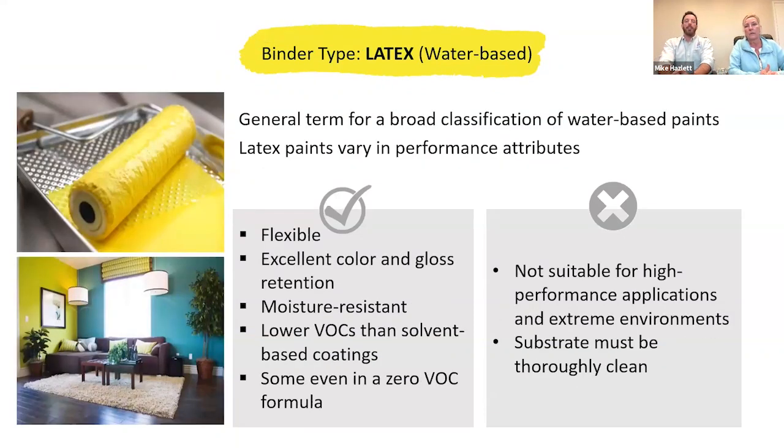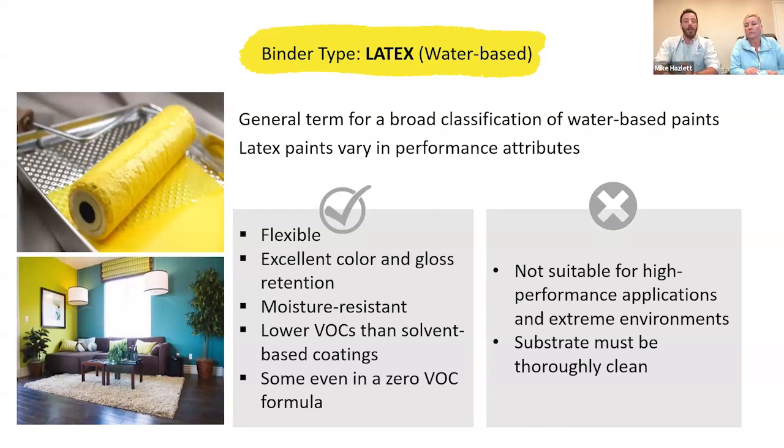So latex, we all know it. We all love it. It's kind of the industry standard now, our water-based coatings. Flexible, compared to the oils, great color and gloss retention, resistant to moisture because it is water-based. Lower and even zero VOCs, which is a very common buzzword now. We want to make sure those volatile organic compounds, the off-gassing or byproduct of paint, are minimal to zero.